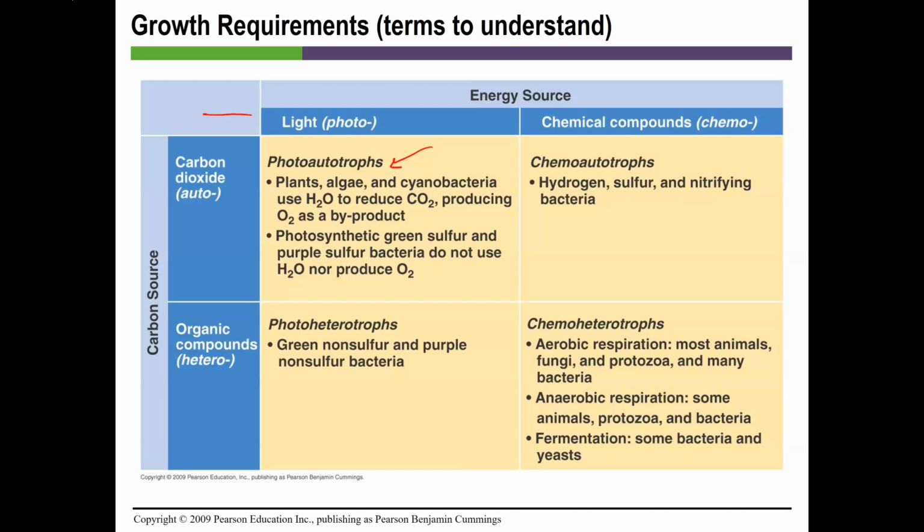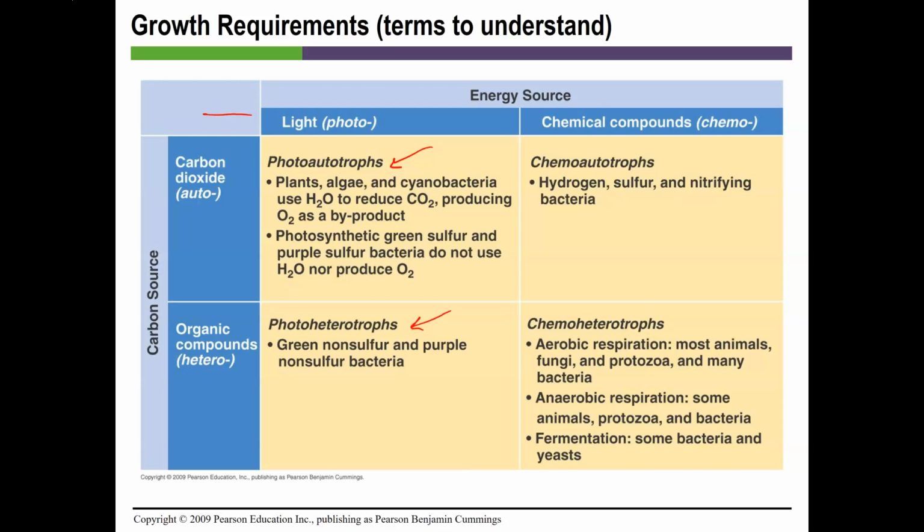Interestingly, there is another category of organisms you might not have realized existed until now. The microbial world is so diverse. There are microorganisms that use light as an energy source, but they can't use carbon dioxide as the carbon source. They need organic compounds. These organisms would be termed photoheterotrophs.